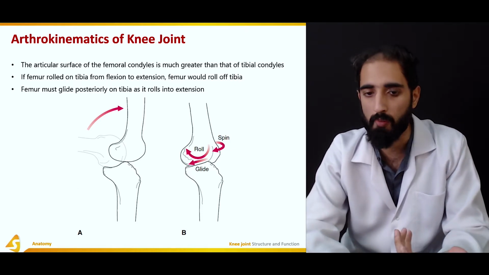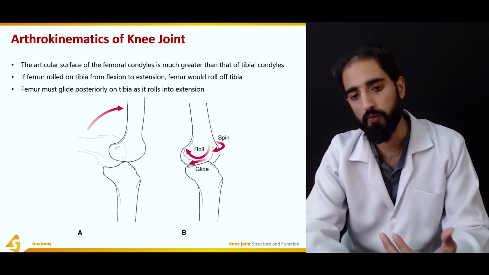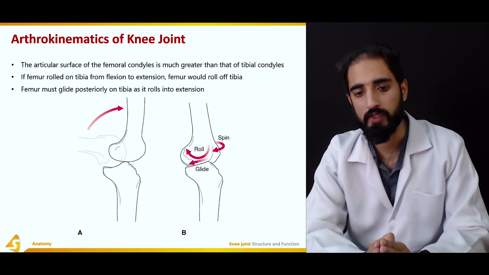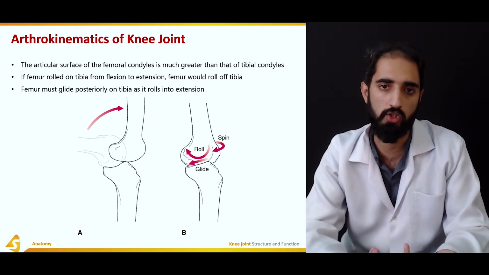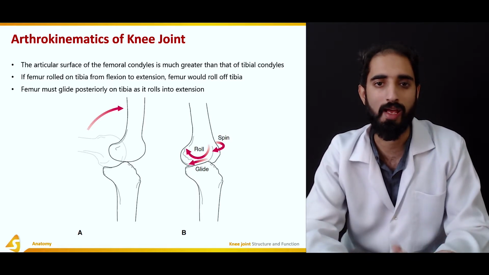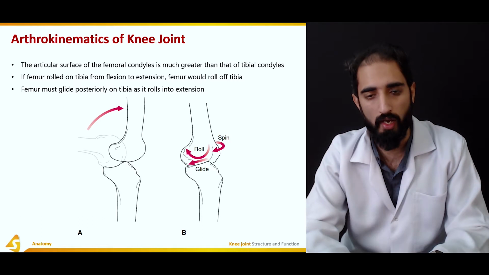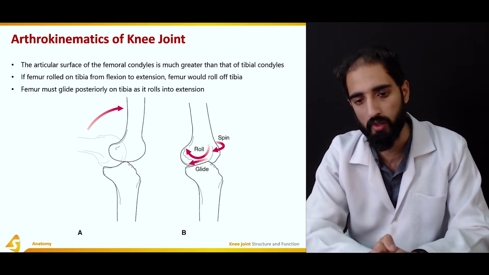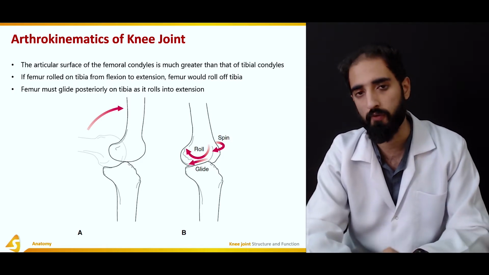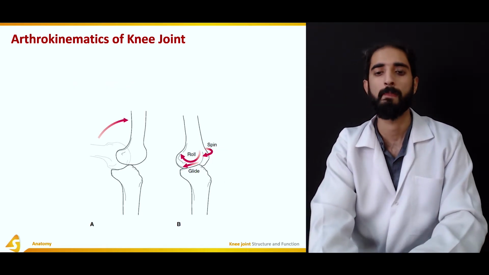Or if we consider that the moving bony partner is the tibia, then the tibia follows the concave on convex rule, and as we go into extension, the tibia goes into extension and there is an anterior glide of the tibia, but there is a posterior glide of the femur in terms of extension because that follows a convex and concave rule.